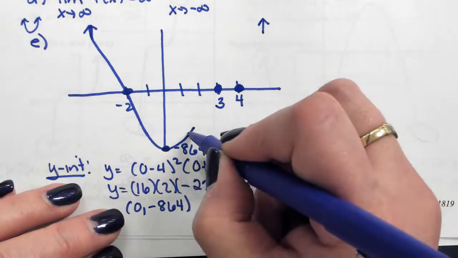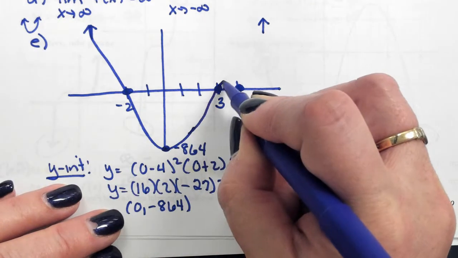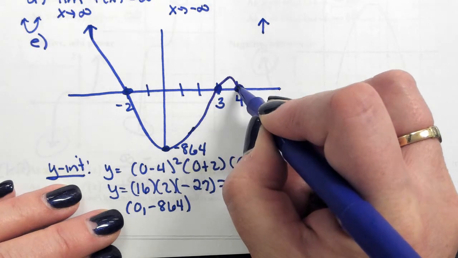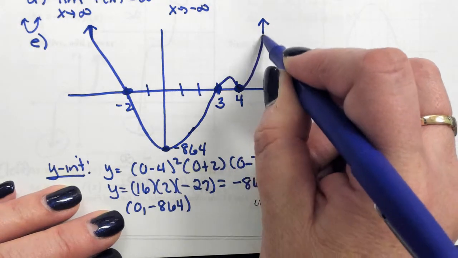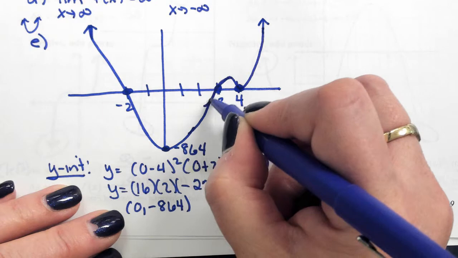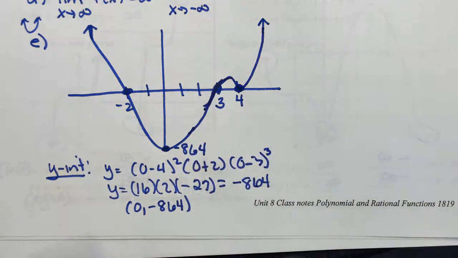It's going to do a crossover with a kink, come down, hit 4, 0, and come back up. I didn't really make my kink very well, but as long as I can see that it's not as straight as what's happening at your other one. That's why you want to use a pencil, because you may need to fix it.